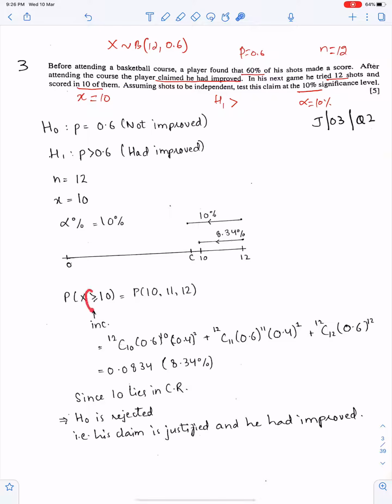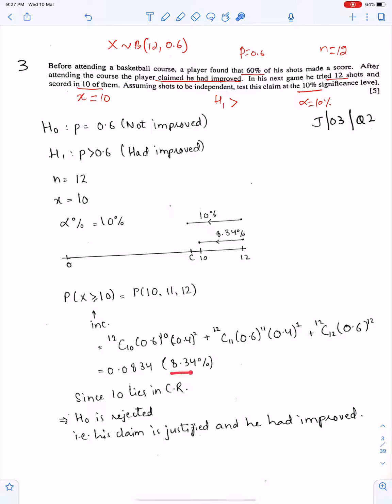The test value is always inclusive. So since we are doing upper tail test, we have to find this probability x greater equal to 10. So according to binomial, we have to take these numbers 10 or 11 or 12. This is the binomial formula. You all know binomial formula is nCx p^x q^(n minus x). So by using this formula, you can get this probability.